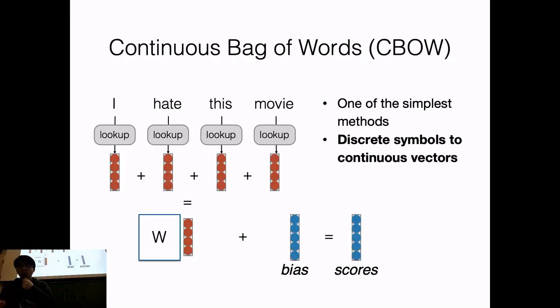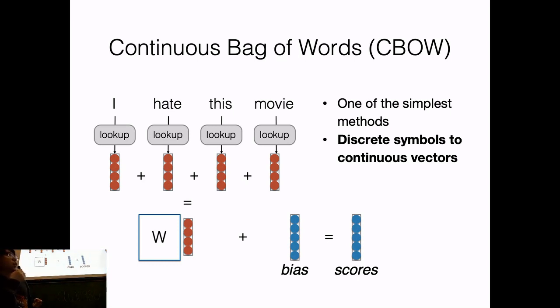The solution is also not very difficult, because here is one of the simplest methods. We call it the continuous bag of words, the CBOW. The basic idea of this method is, given a sequence of words, you convert each word into a distributed representation, or a dense vector. So you refer to a lookup table.